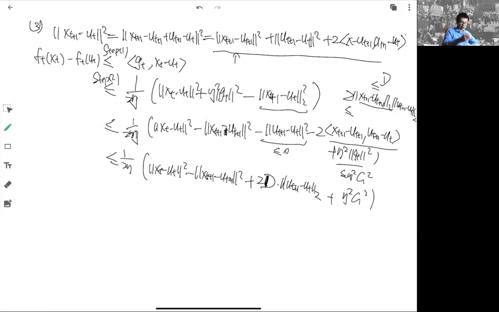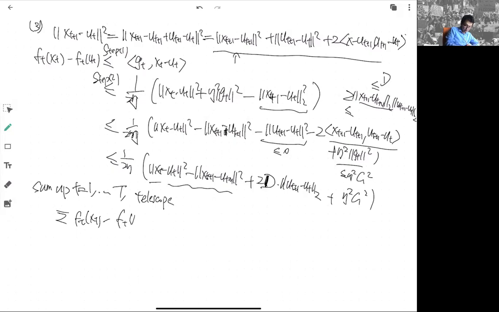Okay, so now everything seems to have a very nice telescoping structure. So let's sum up from 1 to T, and we get the sum of f_t(x_t) minus f_t(u_t).